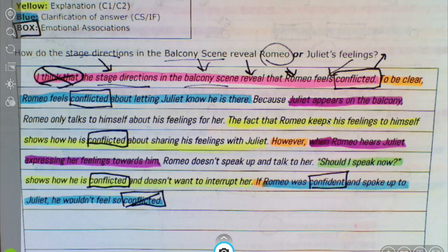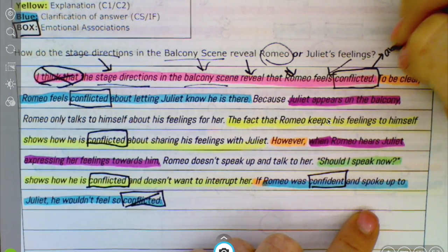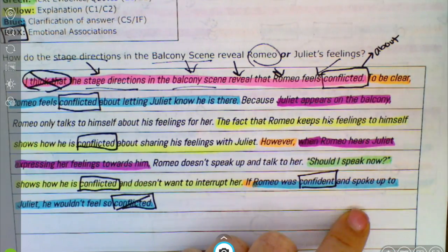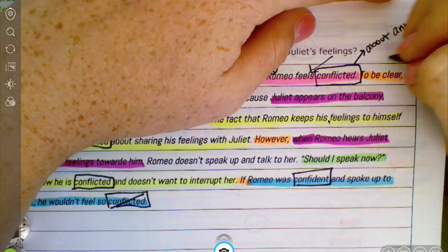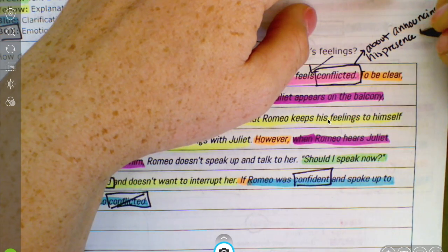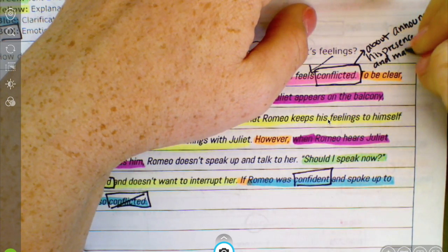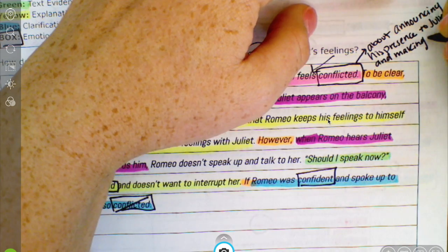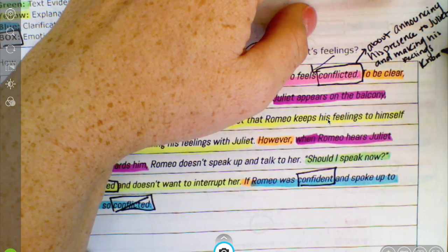So we can add the word influenced. He's conflicted and influenced. So he's conflicted about announcing his presence to Juliet and making his feelings known.